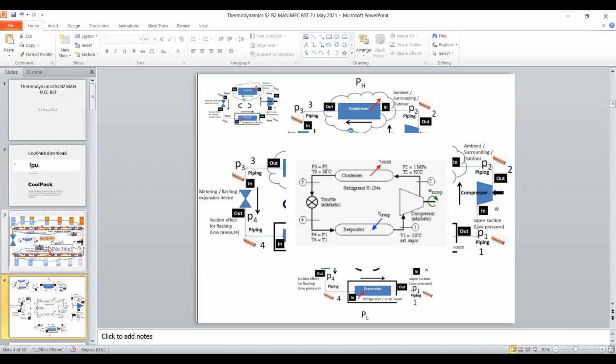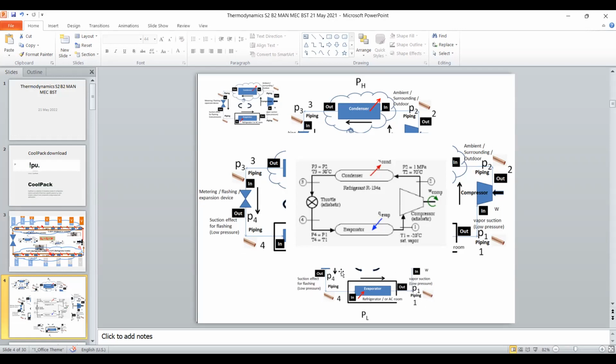All the four components are connected in a sequence, and the working fluid or the refrigerant is passing through one component to the other in a cyclic manner, so that this working fluid at one place flashes and the temperature drops to very low levels, two phase, and then comes to another component.